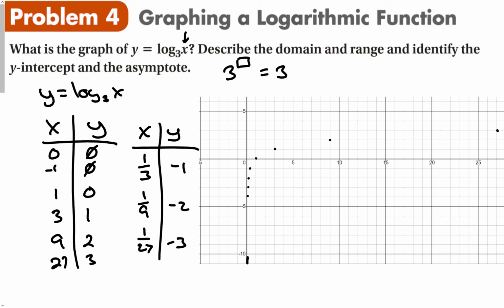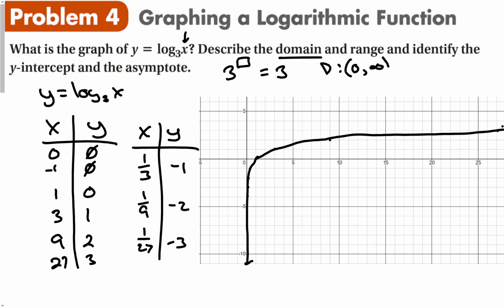Okay? So this graph is never going to cross the y-axis, and it is going to start going up very slowly, but still going up. So the domain of this function is from 0, not including 0, to infinity.